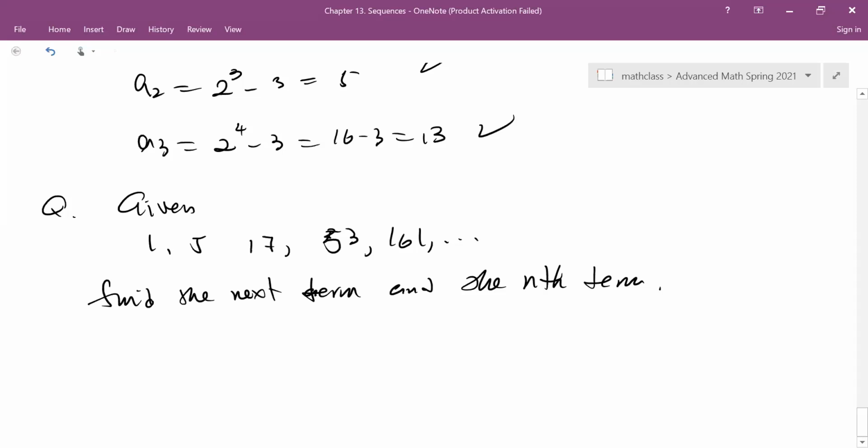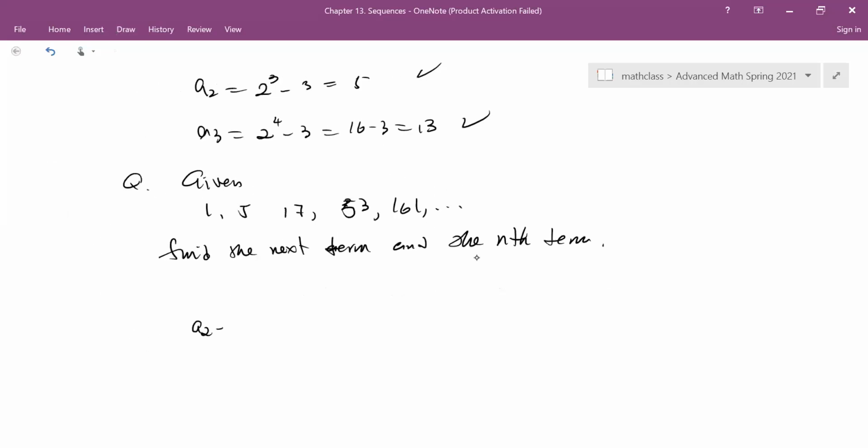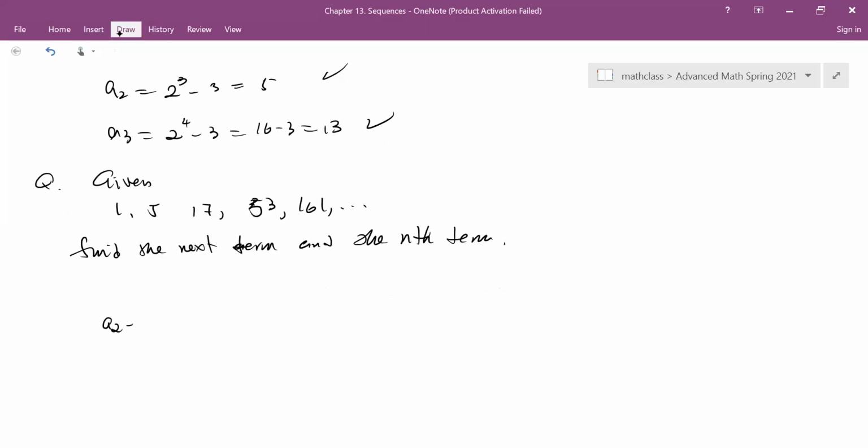So we want to find the next term and the nth term. How can I do that? Let's take a look at the difference. This is a very natural idea, to just use the difference. A2 minus A1 is 5 minus 1, which is 4. A3 minus A2 is 17 minus 5, which is 12.